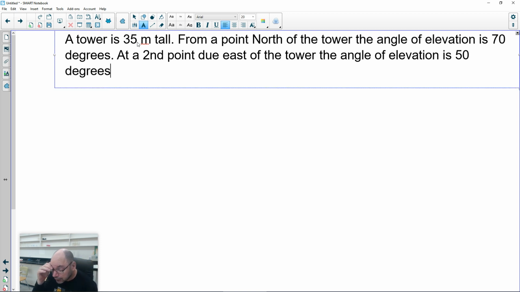How far are the 2 points? We can call them A and B or whatever.